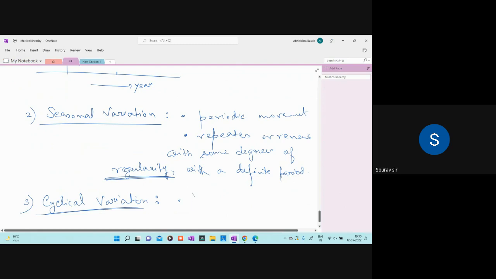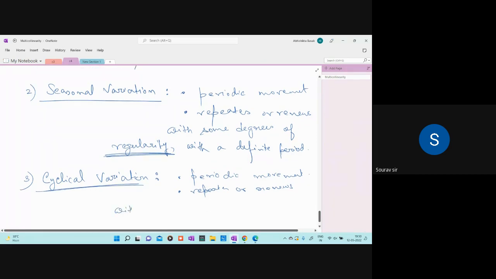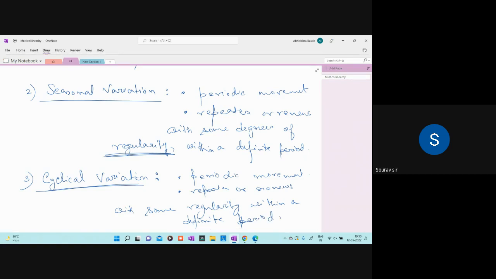Okay, it's also a periodic movement, and the same point, it also repeats or renews with some regularity within a definite period. So can you tell me what is the difference between these two things? Or are both giving me the same definition?